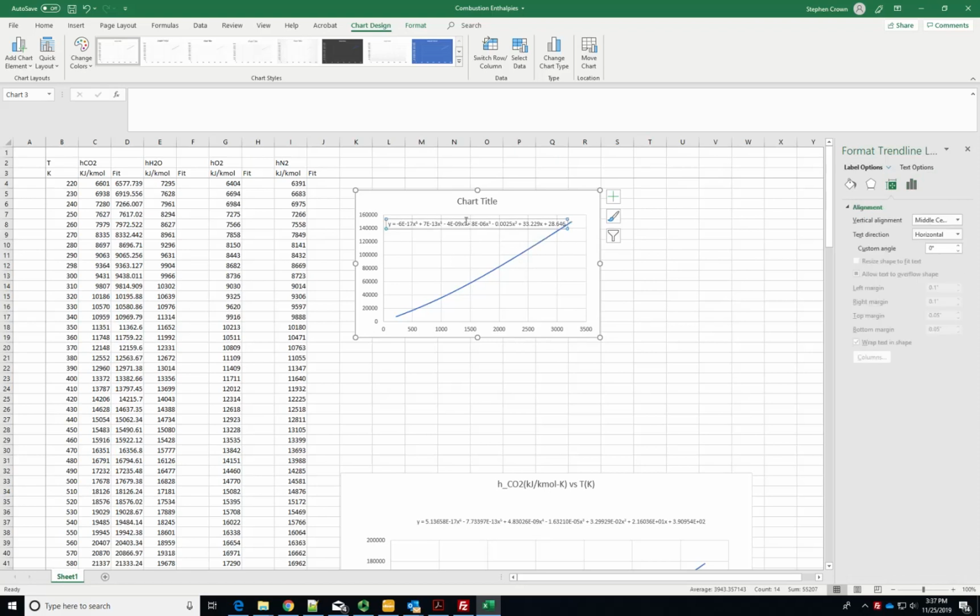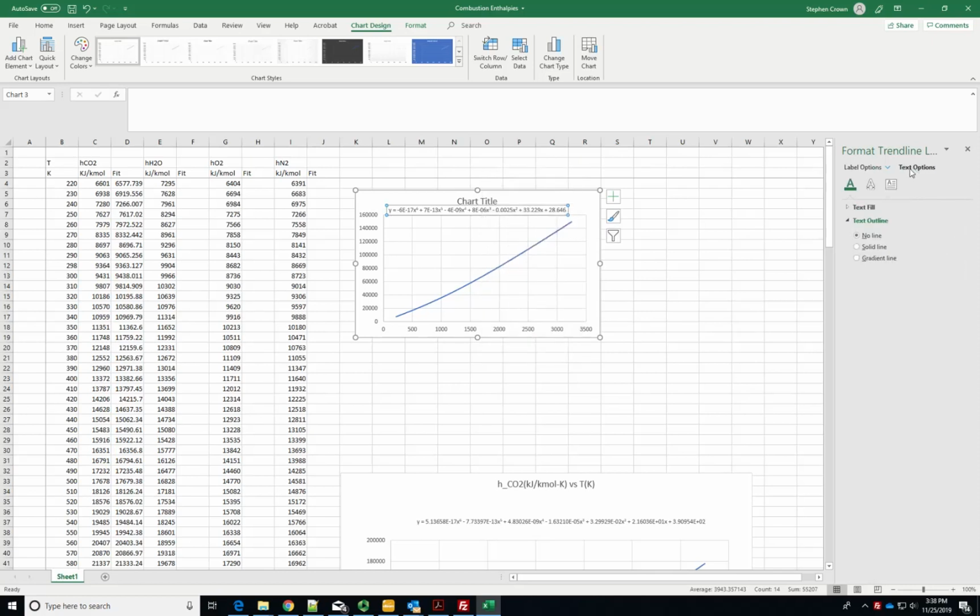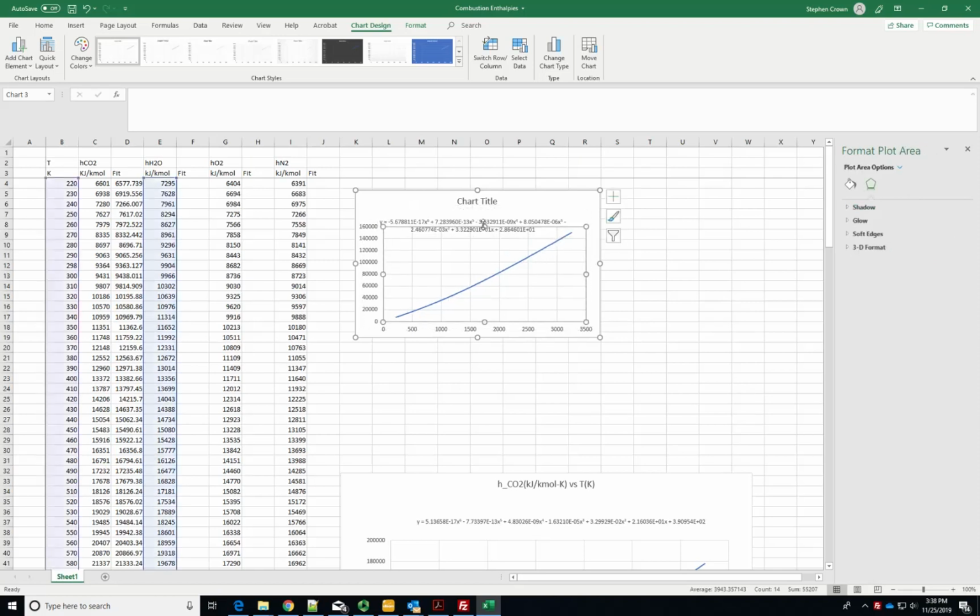And then unfortunately the number of digits will not give you the most accurate value, so I'm going to right click and format the label, and let's see, somewhere here it lets me choose scientific, and I can choose maybe 6 digits and make a little space. And now I've got my function.